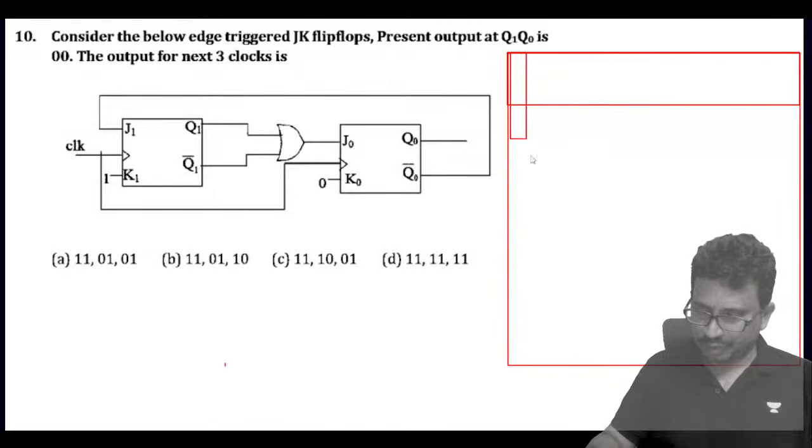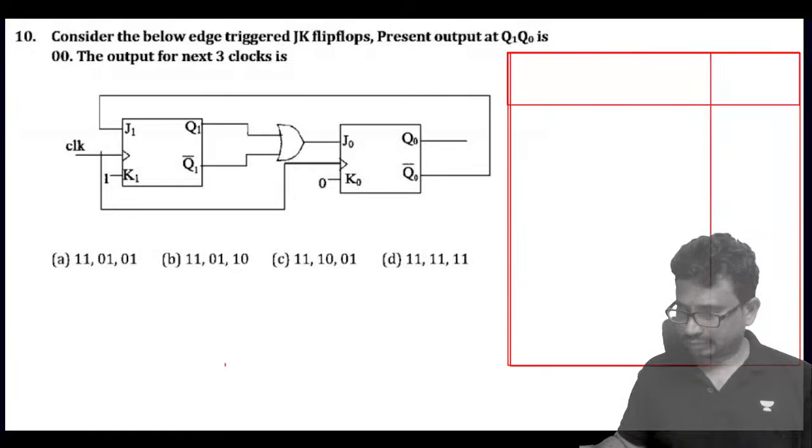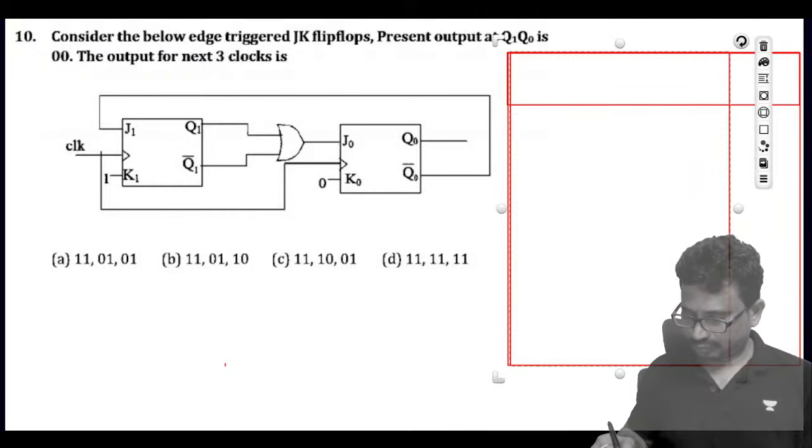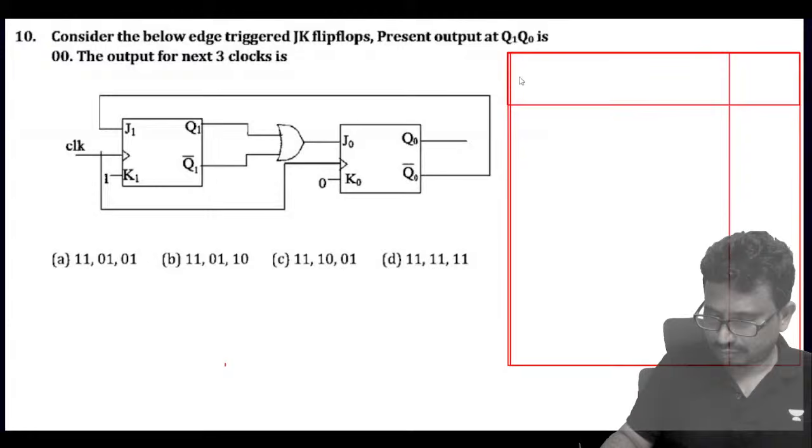J1 is equal to Q0 bar. K1 is equal to 1.